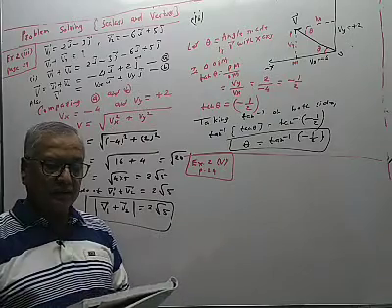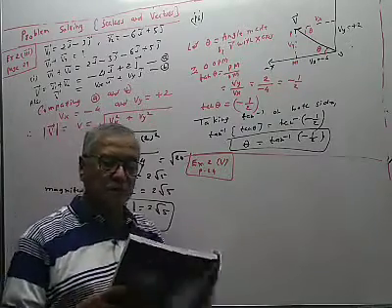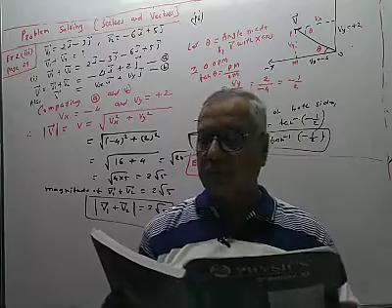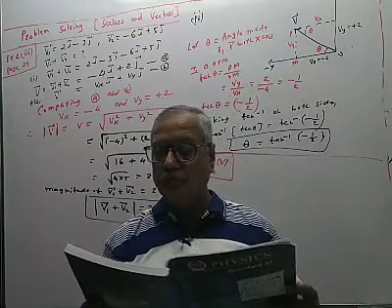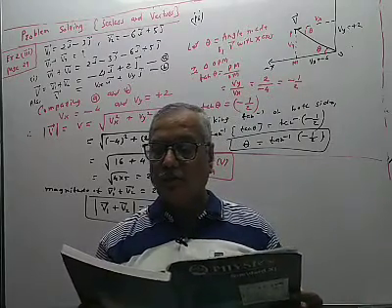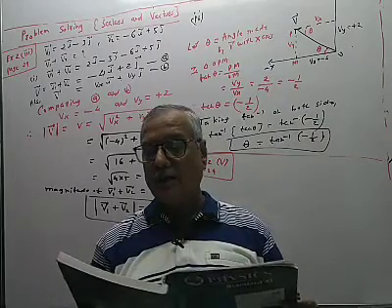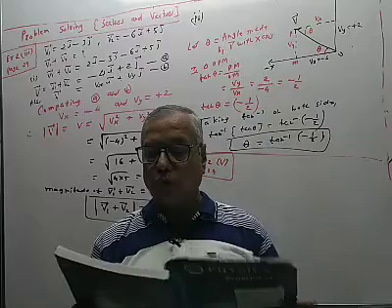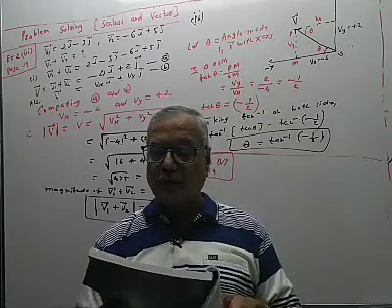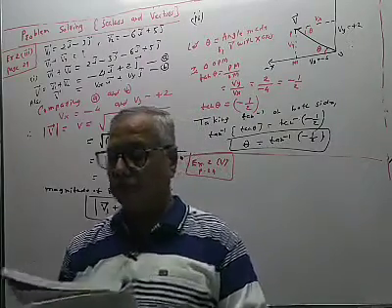Show that the vector A is equal to 2I plus 5J minus 6K, and B is equal to I plus 5 by 2 J minus 3K are parallel. So two vectors are given and we have to show that they are parallel.